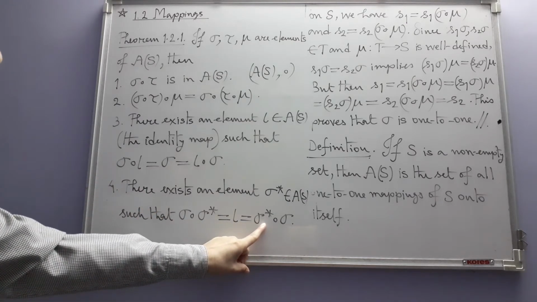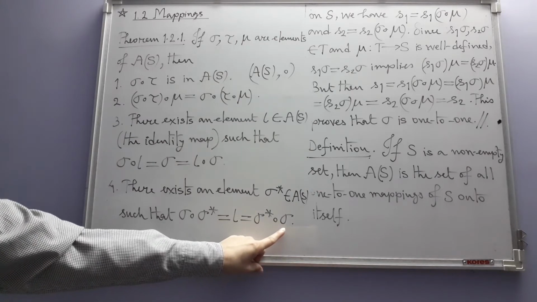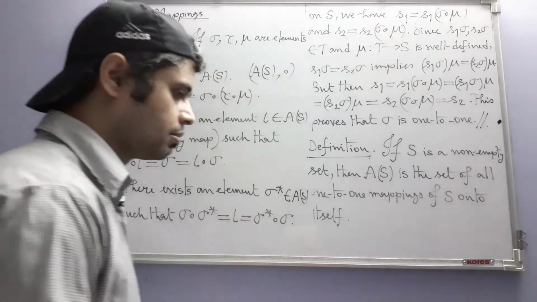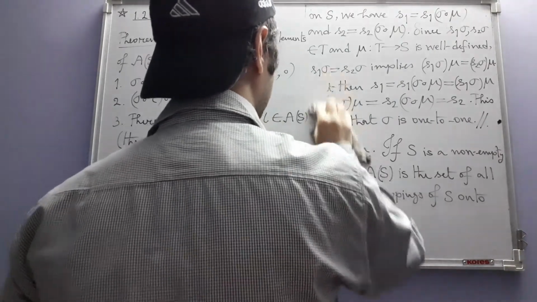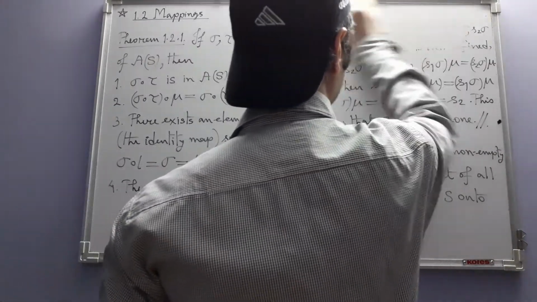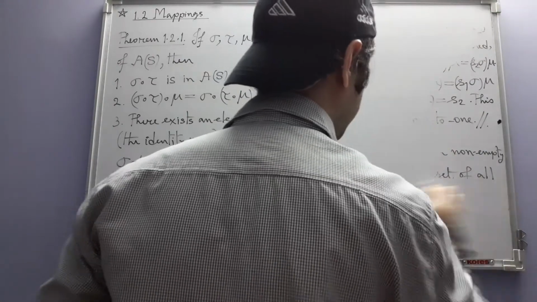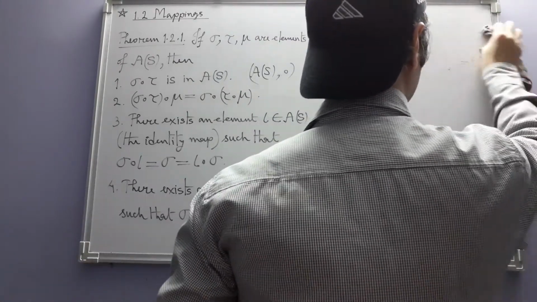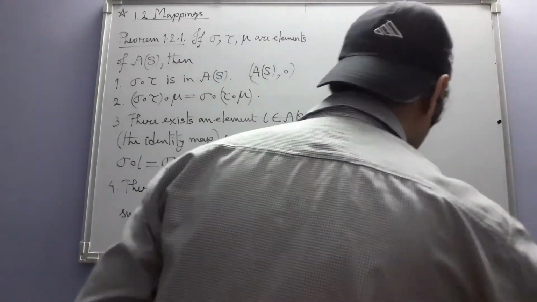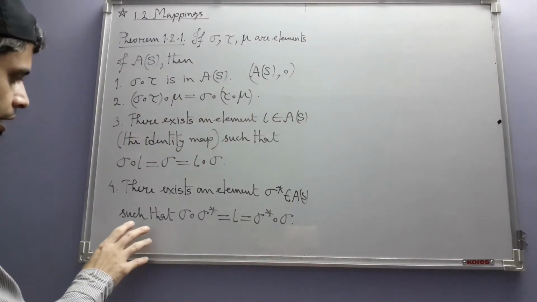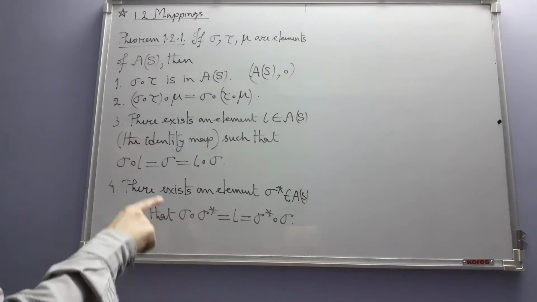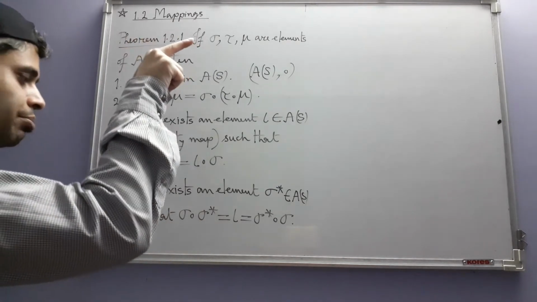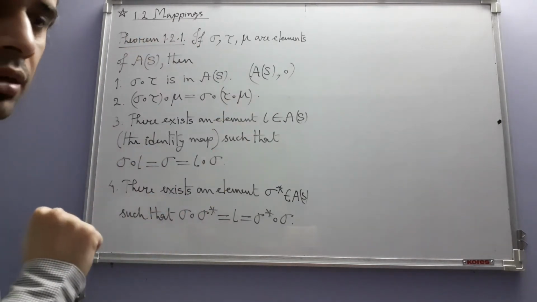Now having stated this theorem, since I had to use a weird symbol for the inverse of sigma, let me just set things straight. You can probably understand that this sigma star is nothing but the mapping mu in the third lemma.